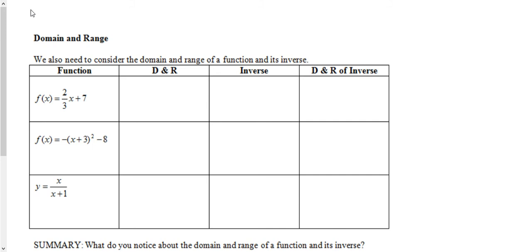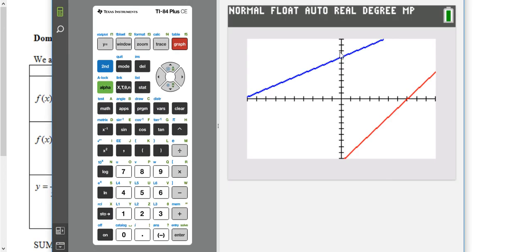In this next section here, we're going to take a look at the domain and range for all three of the same graphs that we had originally. So for this first one here, just an FYI, if I had graphed it, which I still have on my graphing calculator, here's my line. There you go. It's just a straight line.